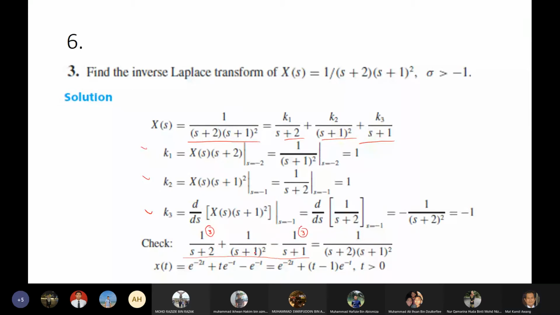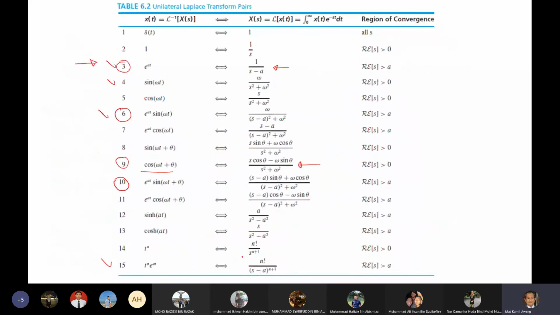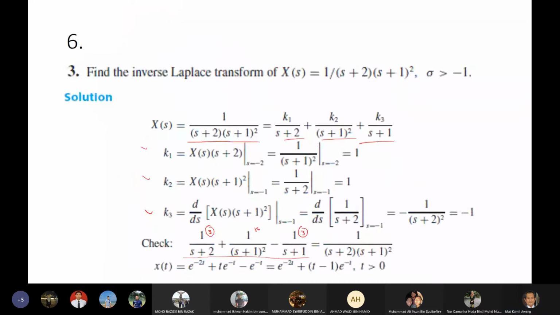This one, when you have a square like this, which one? Number 4? No, number 5? This one, number 15. Yeah, number 15.